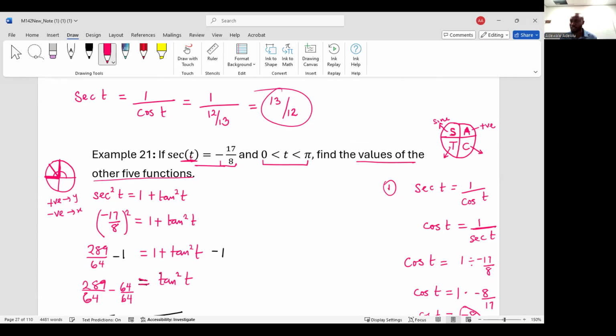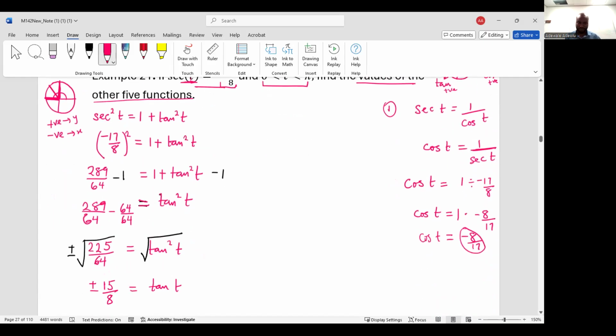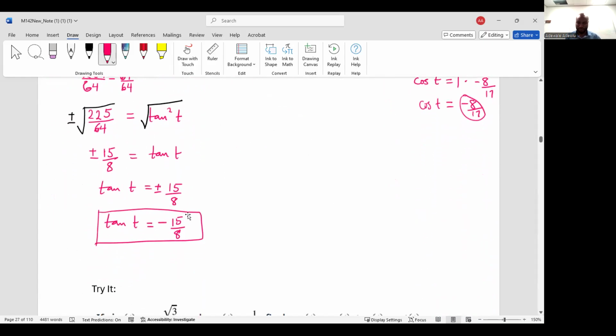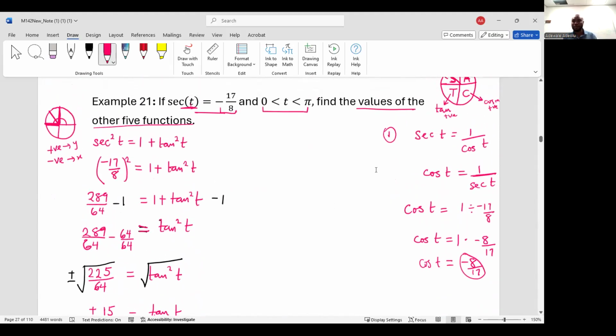And in the fourth quadrant, only cosine is positive. Every other thing is negative. So since our angle is in the second quadrant, it means tangent is negative there. Done. Which is what we have here. So do not forget, All Students Take Coffee.